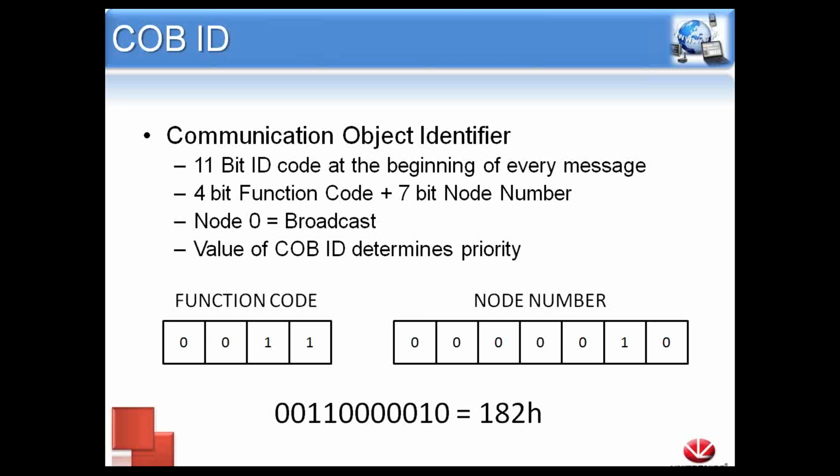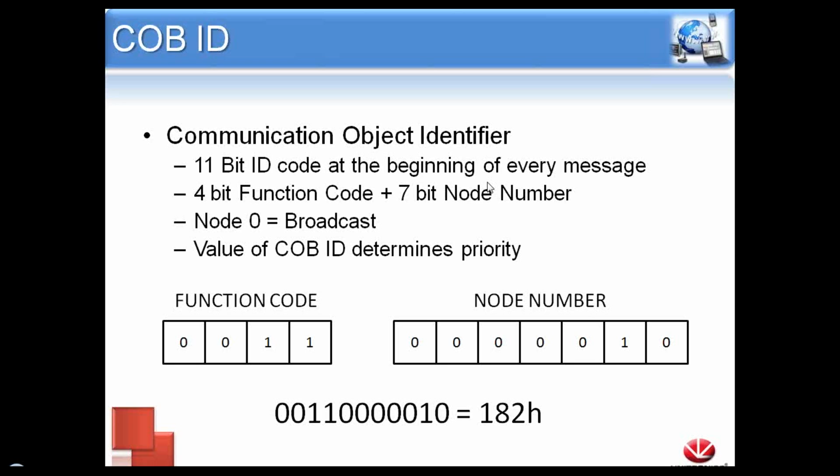Now also with every CANOpen message, before every message there's always going to be what's called the COB ID, short for Communication Object Identifier. What this does is it does two things. First, it's going to tell us which function we're going to run. Are we asking for information?